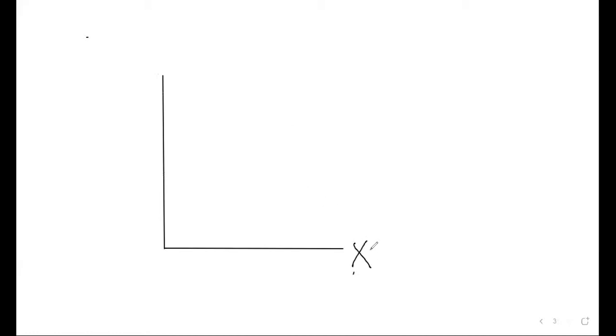So this is X, this is Y. What is the inclination of this line?